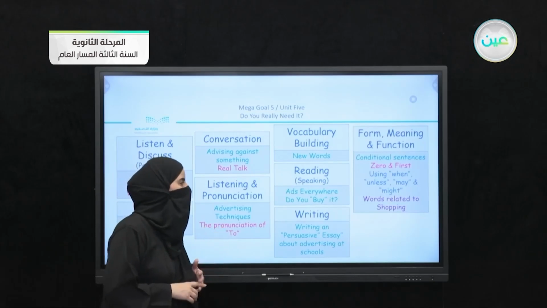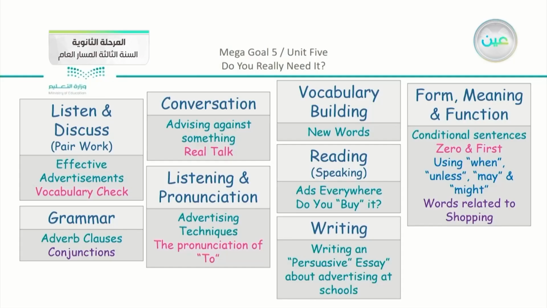We have the writing, where we learned how to write a persuasive essay about advertising at schools. And then we have the form, meaning, and function, which we learned yesterday, about conditional sentences, the zero and the first conditional sentences, using when, unless, may, and might with these sentences. And we also learned many words related to shopping.